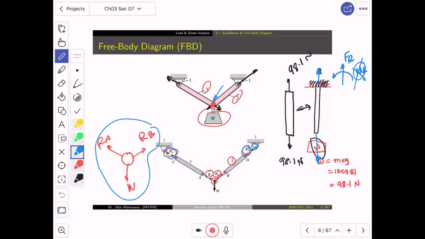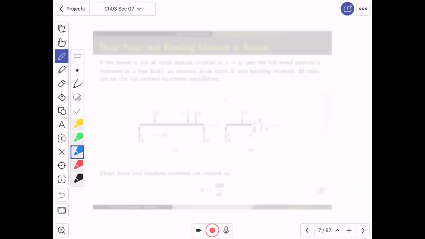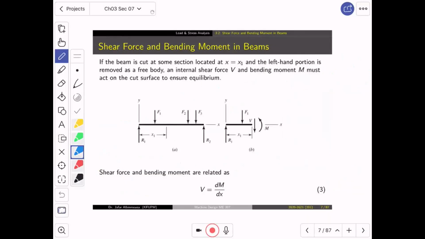Now, why do we need to draw a free body diagram? Well, it's very simple. Listen, guys. There are forces. There are two types of forces.